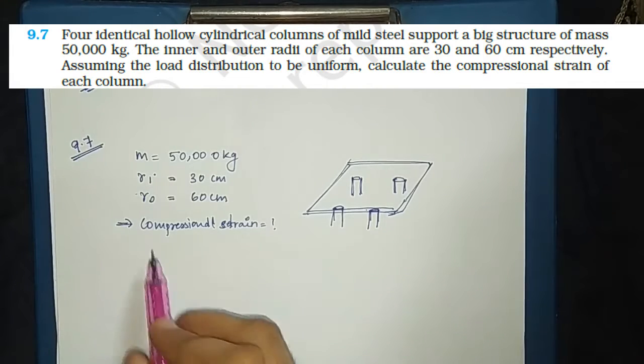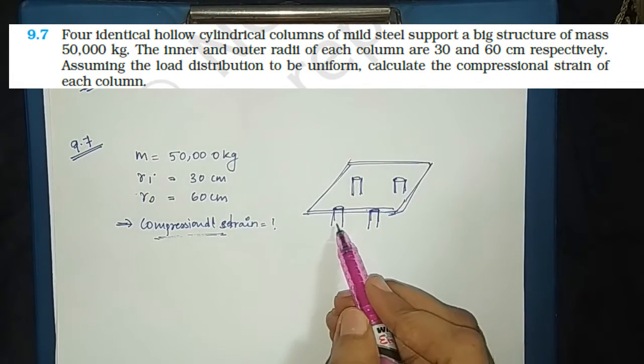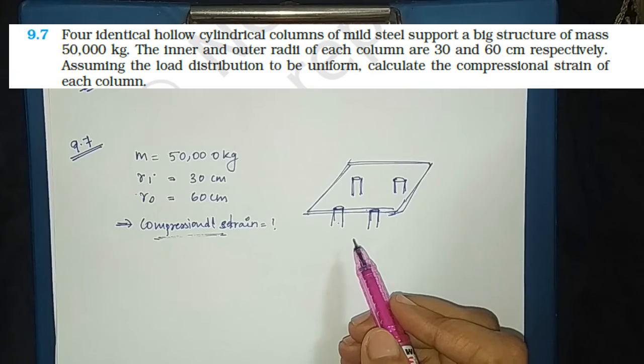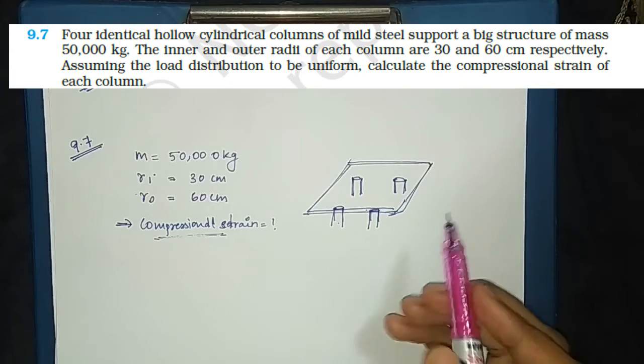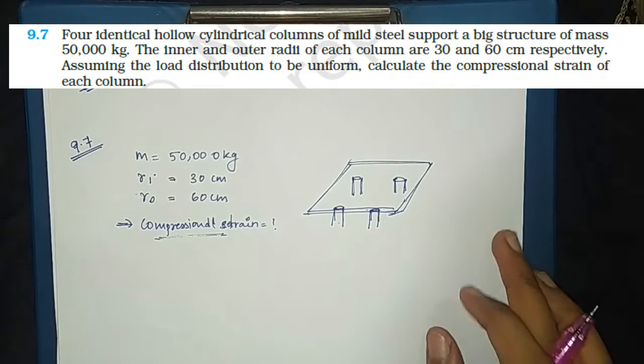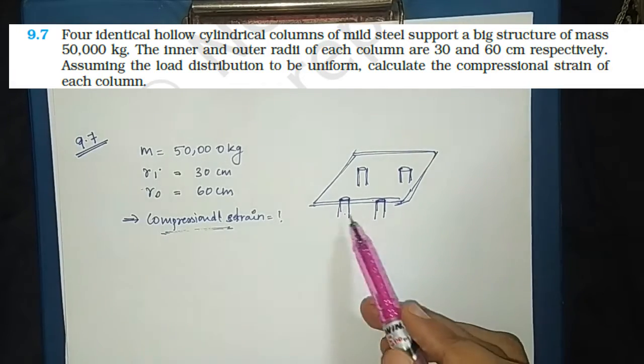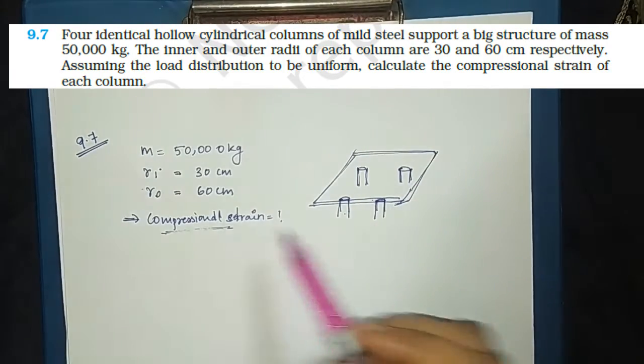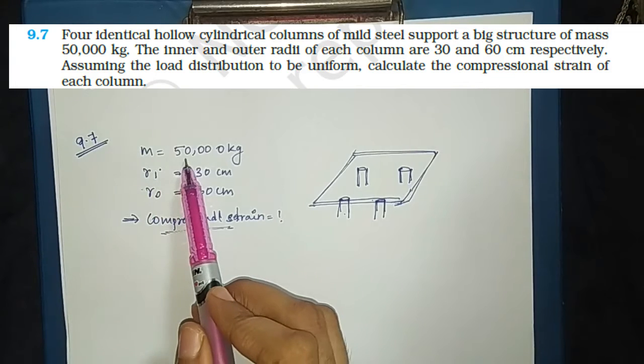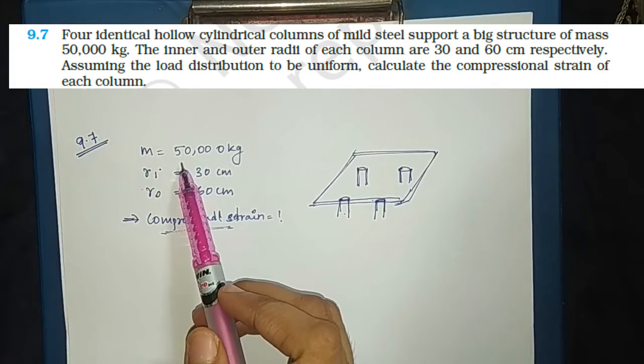So what you have to calculate is the compressional strain on the cylindrical columns which are made of steel. The mass that is handled by the 4 of these columns is 50,000 kg.